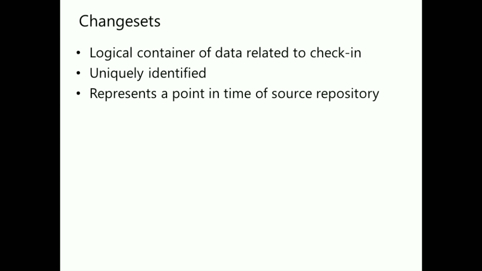So it's very easy to recognize atomic units of change, related objects that are getting checked in at the same time. You don't need to sort and group and search by timestamps and whatnot to try to figure out what this person checked in at one time. It all goes in a single change set.